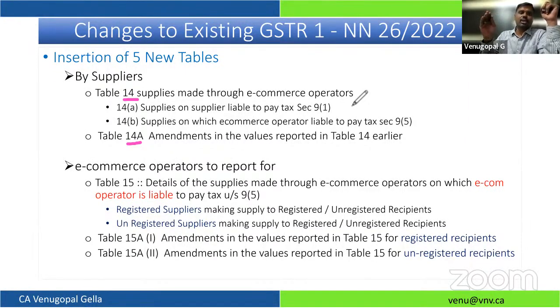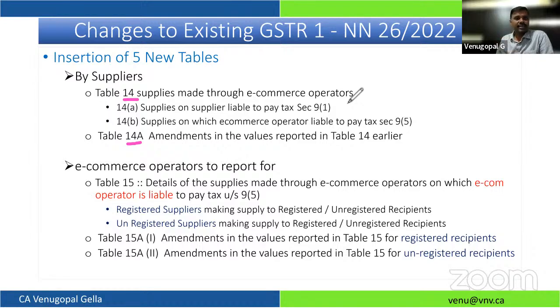So I'm using a portal, and through that portal, if the supply is happening, there could be 2 situations. Let's say I am making a supply through Flipkart and Amazon, both are e-commerce portals. Who is liable to pay the GST? Myself.